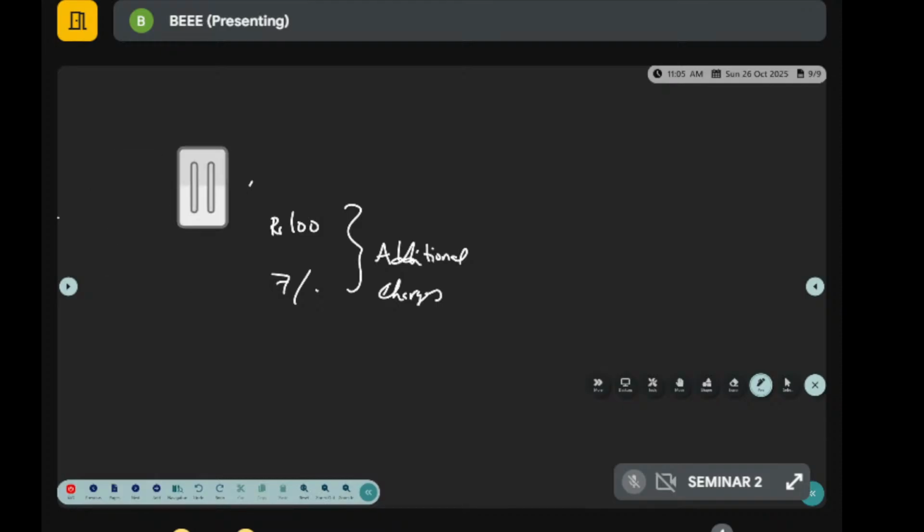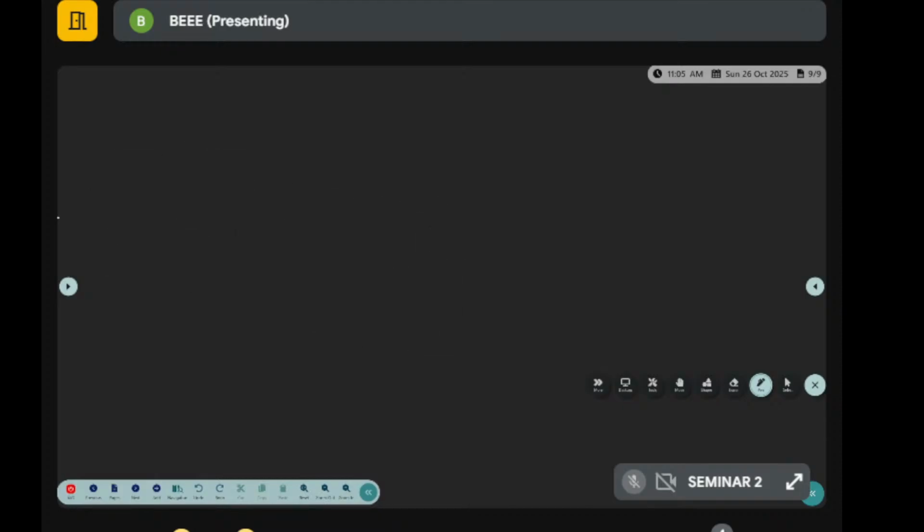Now, for 0 to 100 units, how many rupees? I said 1.25 rupees. For 101 to 200, I said 1.5. And for 300 to 400, 2 rupees, like that I said. These are the slabs.